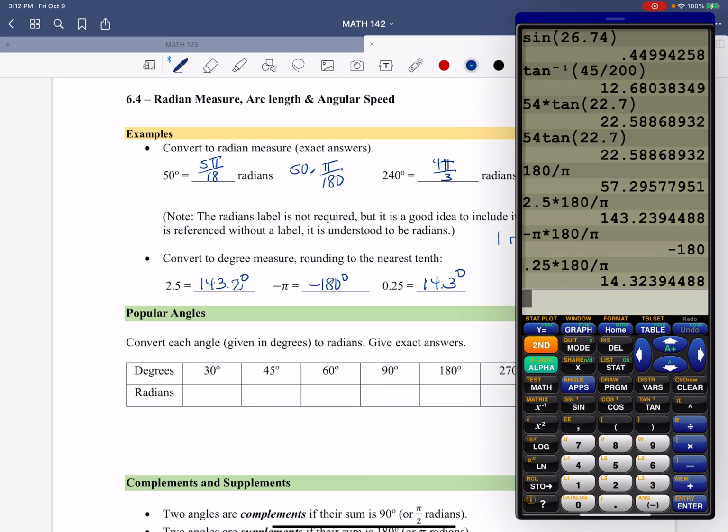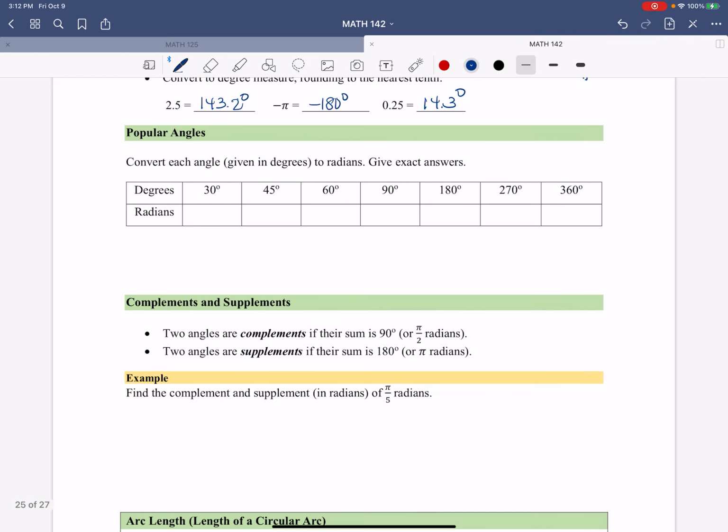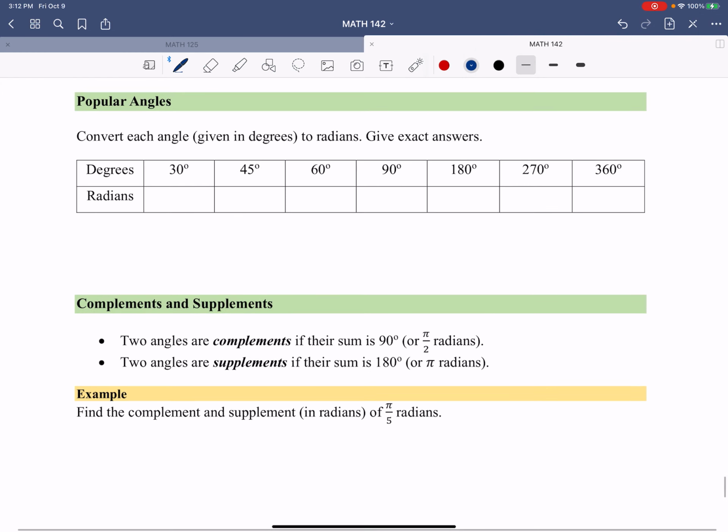Okay? And one last thing before we stop our introduction to radians is let's look at some special angles that we've already encountered, okay? And remember that all we have to do is multiply each one of these by pi over 180, because remember that every degree is pi over 180 radians.